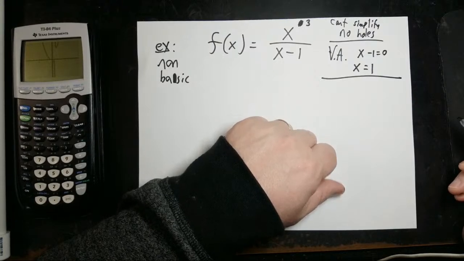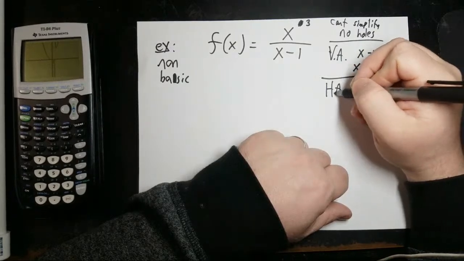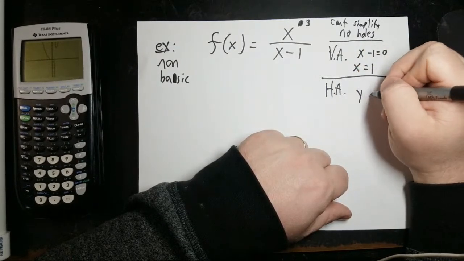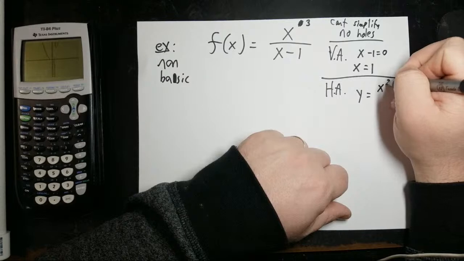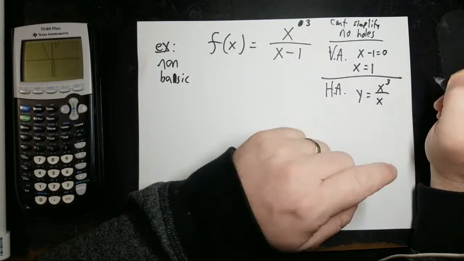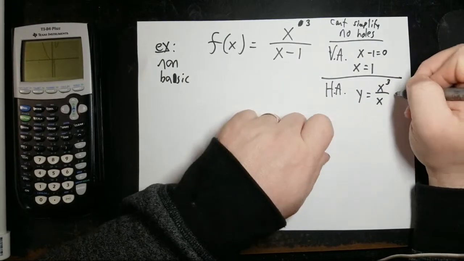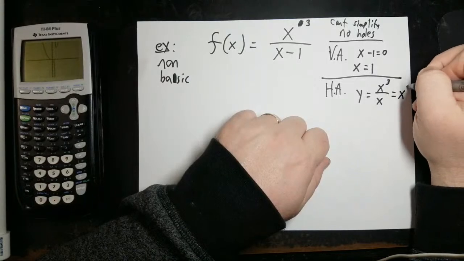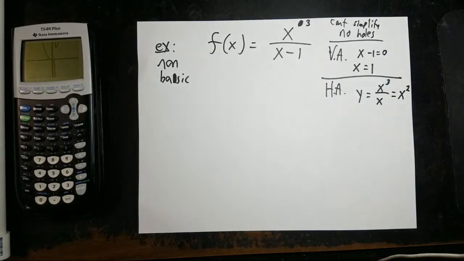Next, let's find a horizontal asymptote. You set the leading terms of the top and bottom of the fraction and simplify. You end up with a curved asymptote.